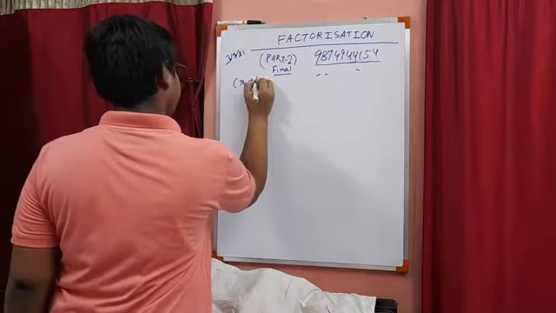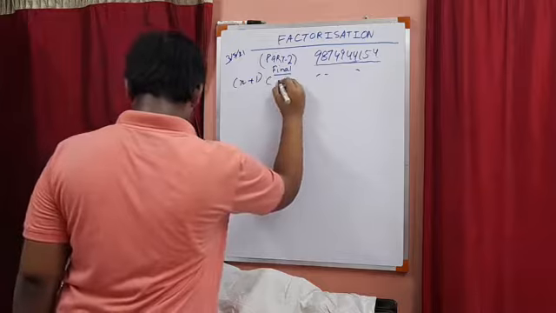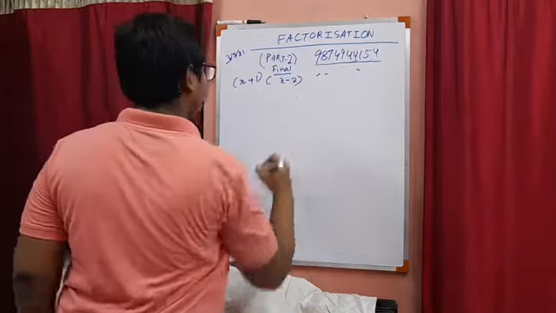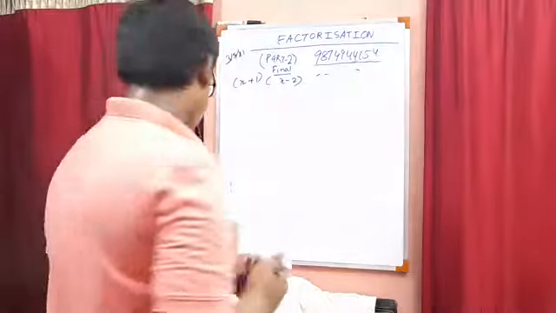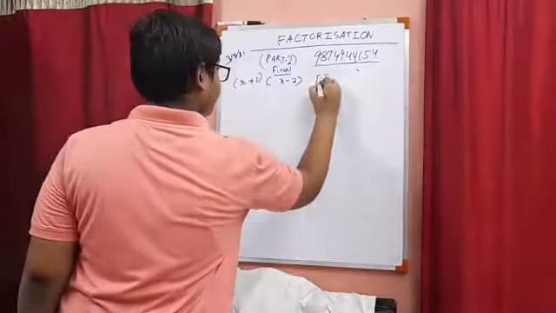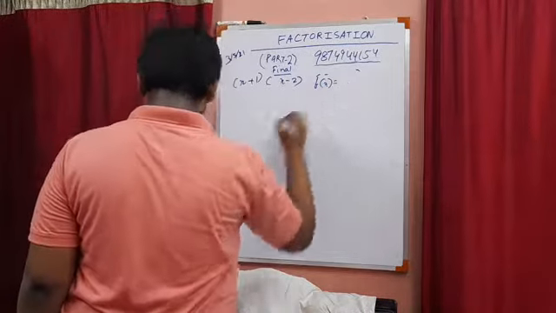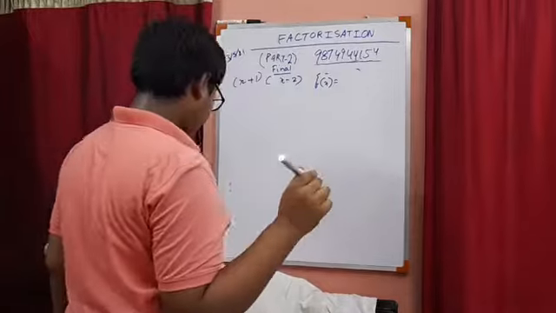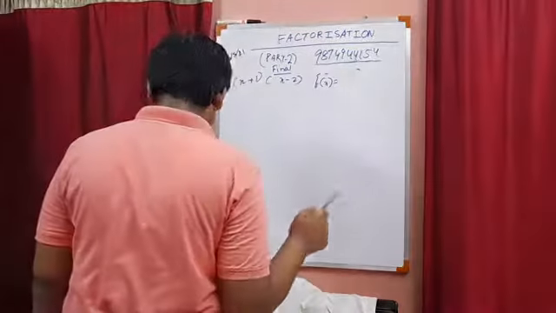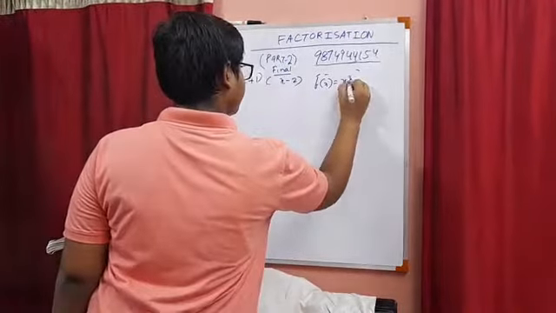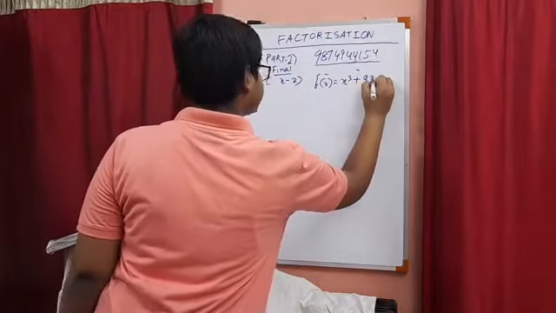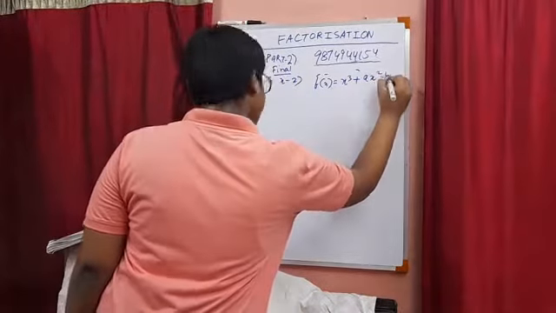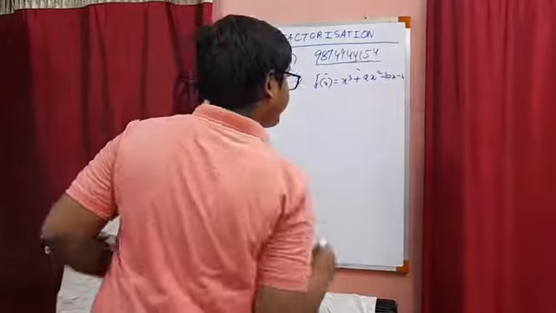x plus 1 and x minus 2 are factors of a polynomial, which is f(x) is equal to x cube plus ax square minus bx minus 6.